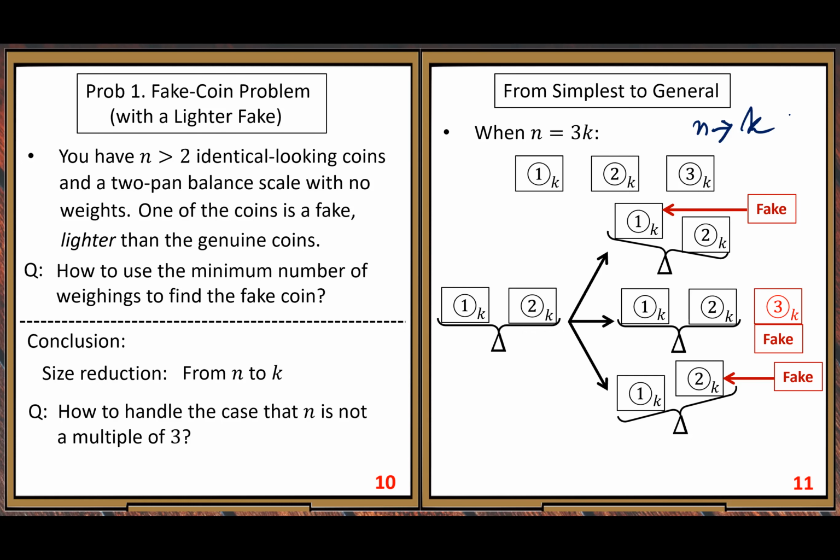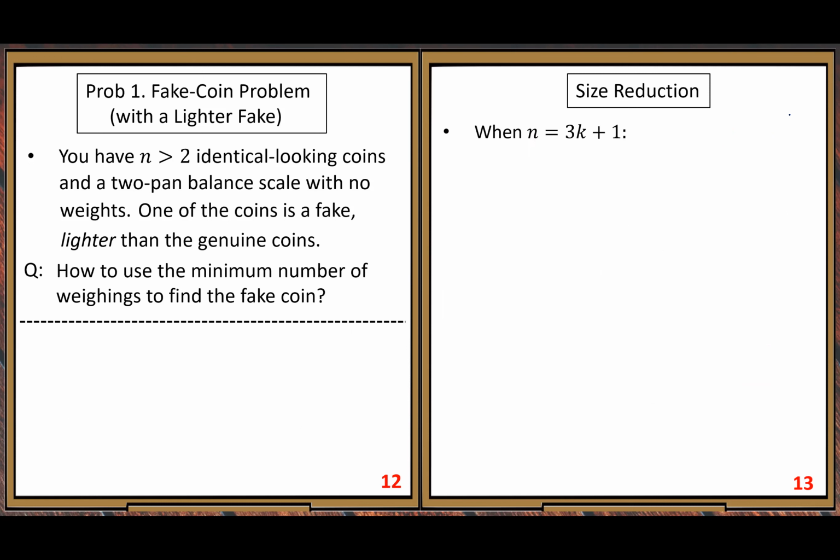Next, we move to the remainder 1 case. This time n equals 3k plus 1. Look at the 3 groups in this way. We distribute the coins as evenly as possible. Although not a perfectly even way, it's the best we can do: k plus 1.